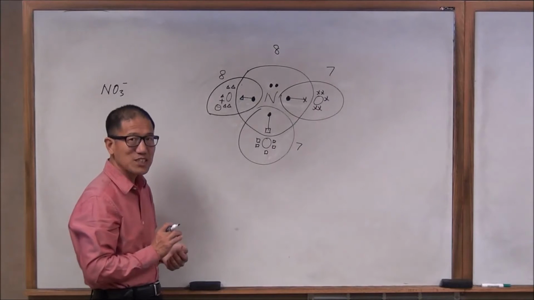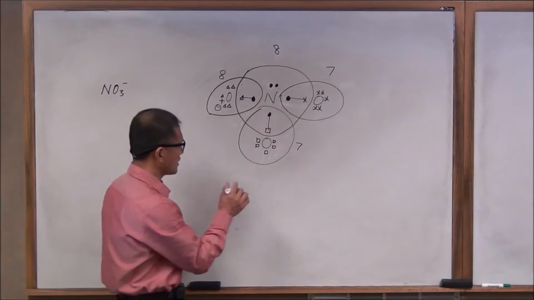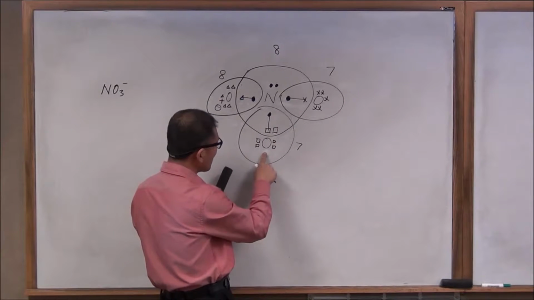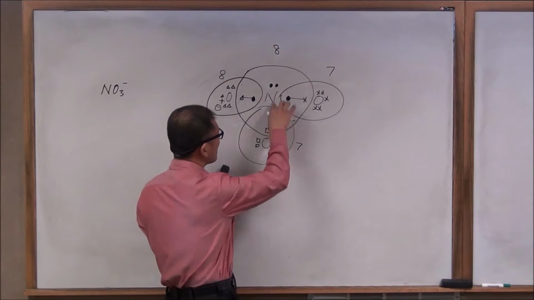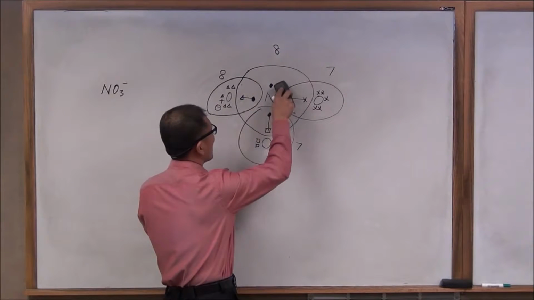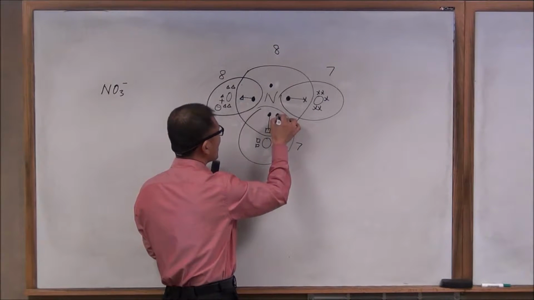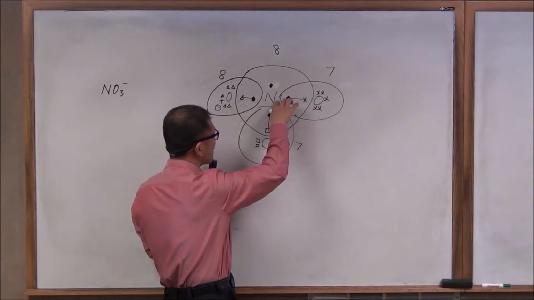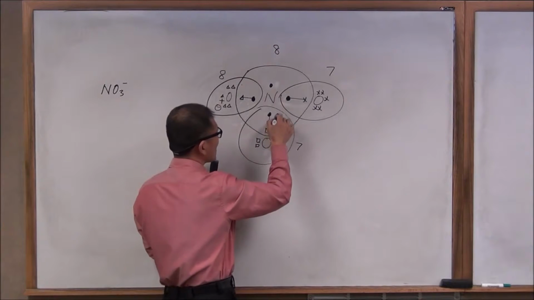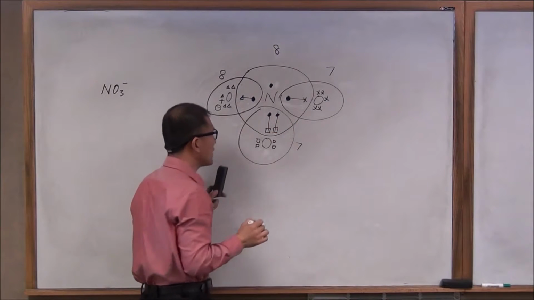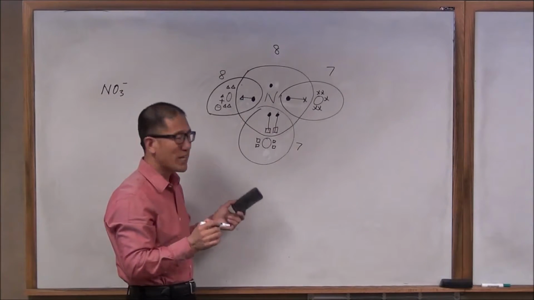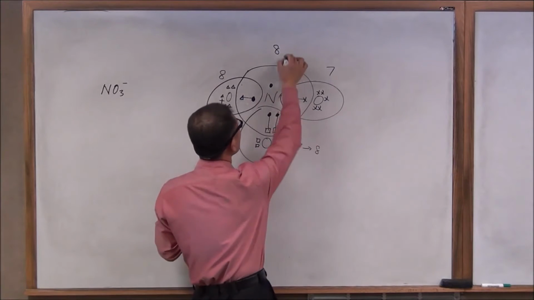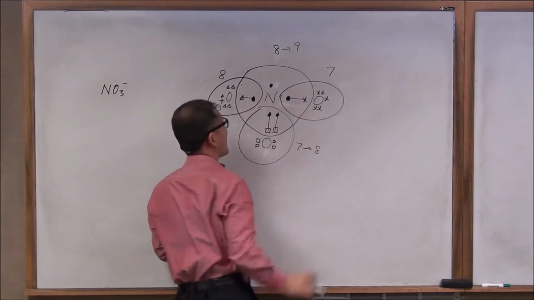When we say share, we mean this. 1 electron from oxygen is put here between oxygen and nitrogen, and 1 electron originally from nitrogen is now shared between nitrogen and oxygen, which makes another bond possible. So this will turn into 8 electrons and this will turn into 9 electrons.